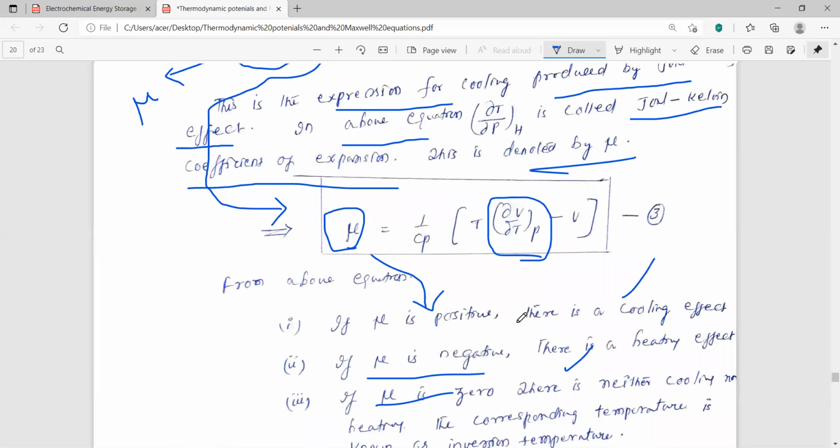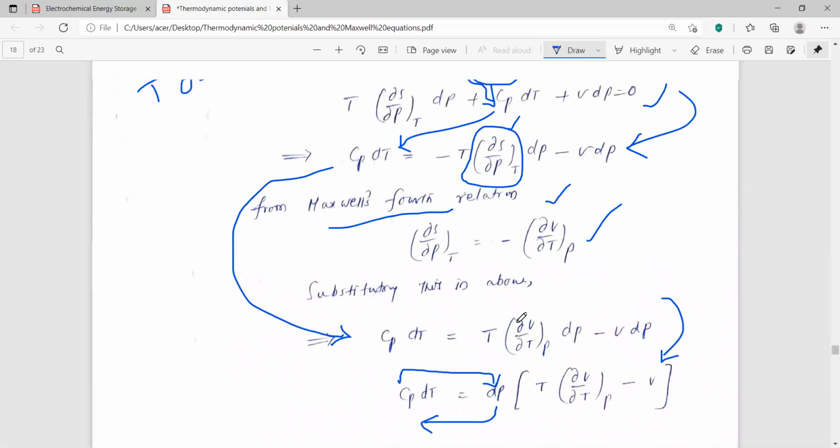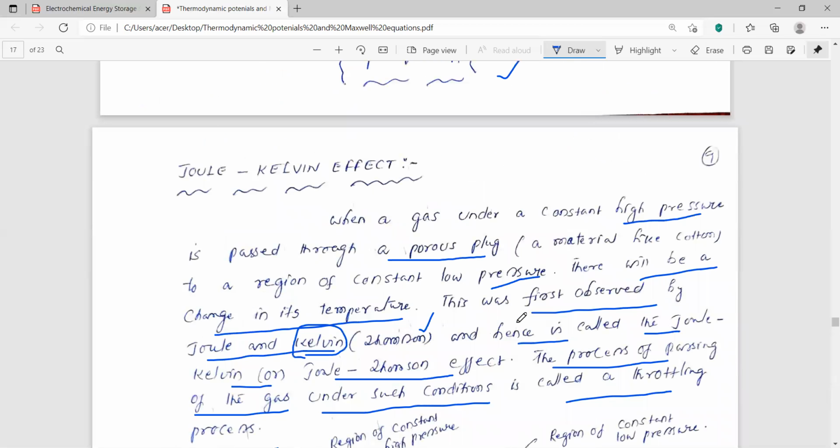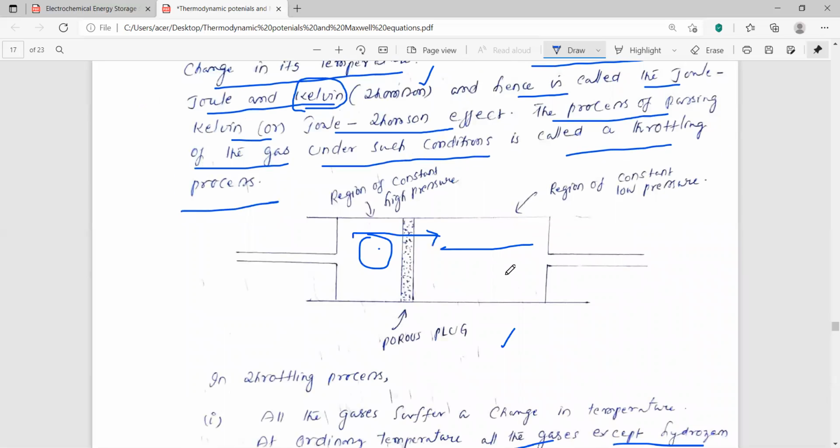Okay, so this is how one can explain the Joule-Kelvin effect or Joule-Thomson effect. Once again, I can give the definition. What is the Joule-Kelvin effect? If a gas is allowed to pass through a porous plug from the region of high pressure to the region of low pressure, then there is a change in the temperature of the gas.